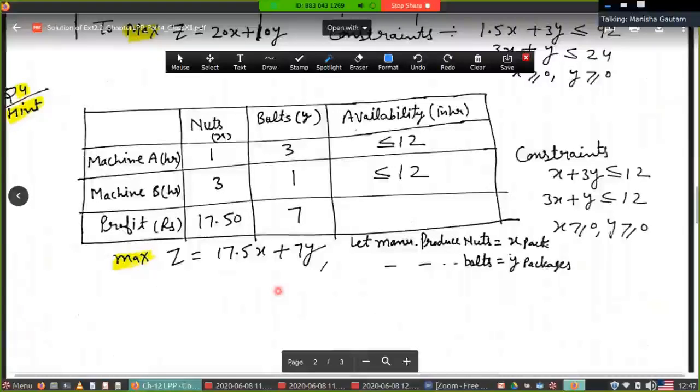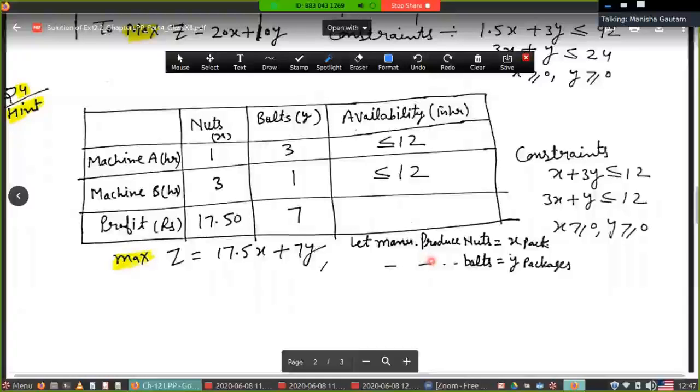In the next question, information about nuts and bolts is given to you. Machine A and machine B work is given, which I have briefed here in the table. For machine A, nuts take 1 and bolts 3. For machine B they are 3 and 1, and both are less than or equal to 12. And you have to maximize the profit, that is 17.5 for the nuts, and for the bolts it is 7.